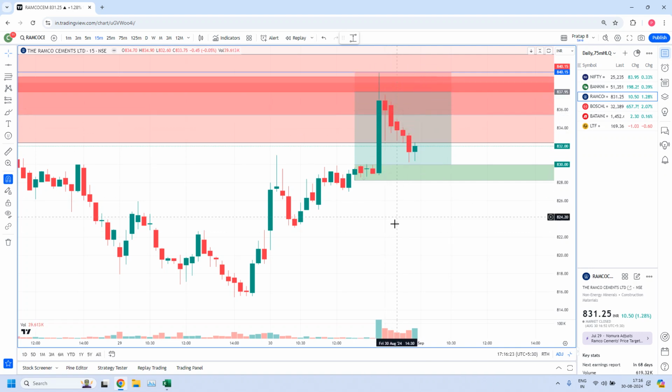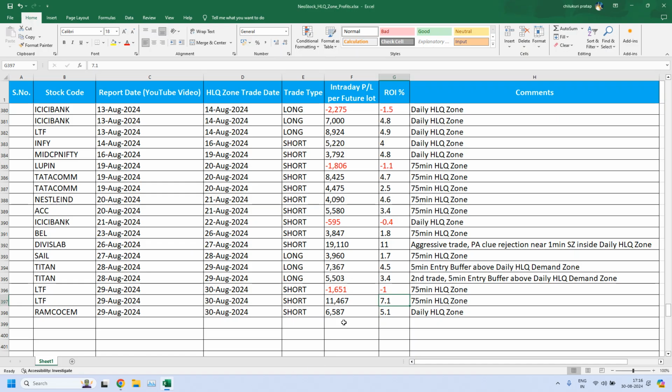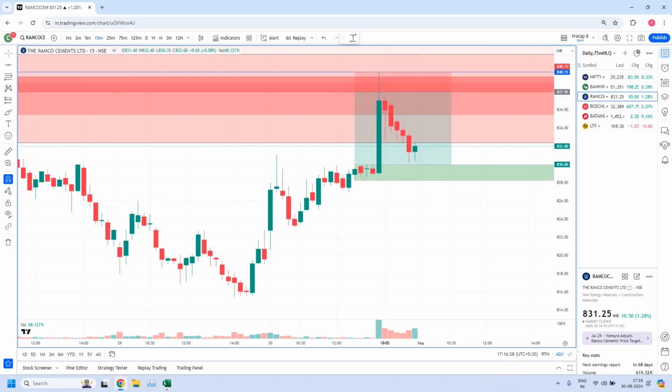Finally, it has given you a profit of 6,587 rupees, which is 5.1% ROI as per one future margin cost. So these are the two successful trades, and we already discussed them. Next one is Bosch.